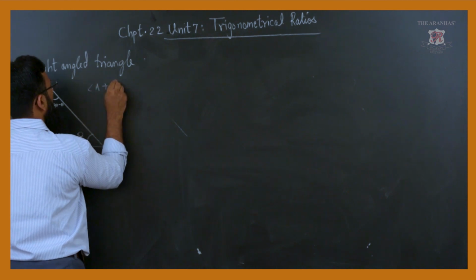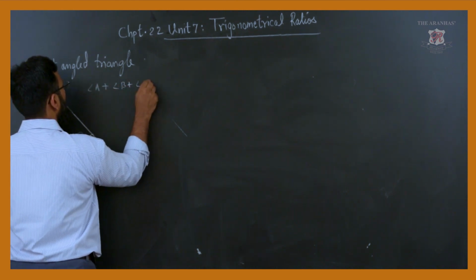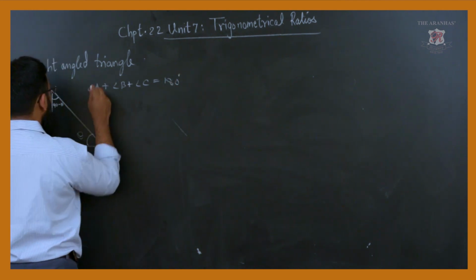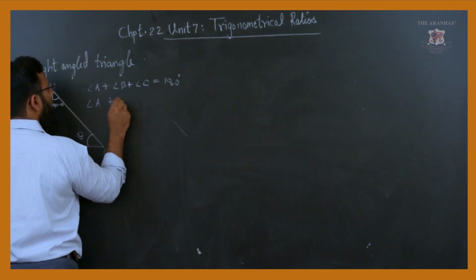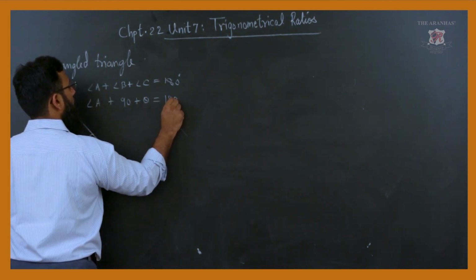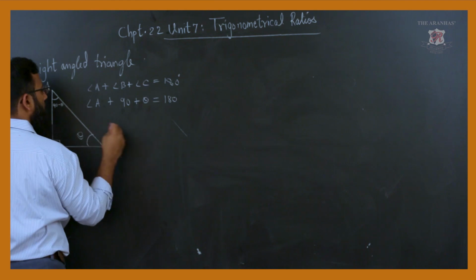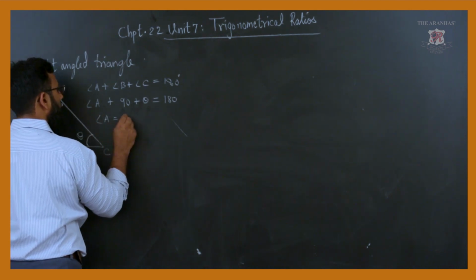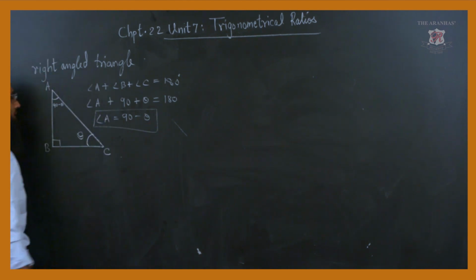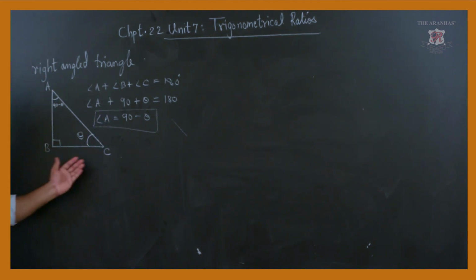I am unaware of angle A, but I know B is 90 and C is theta. So, if I shift all the values to that side, my answer comes out to be 90 minus theta. Now all the angles are known to us.